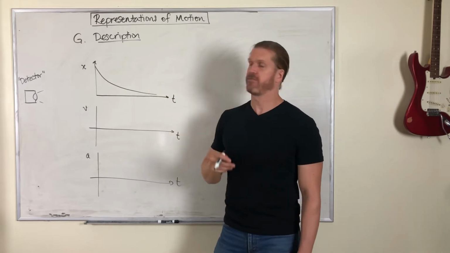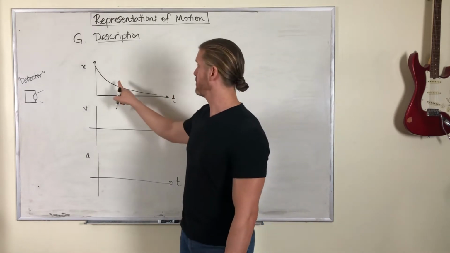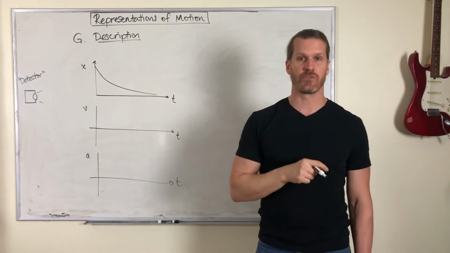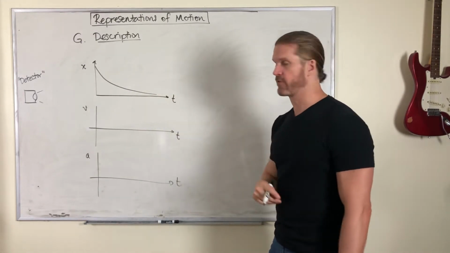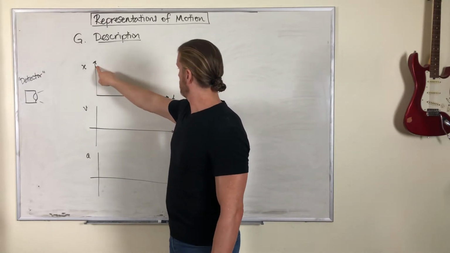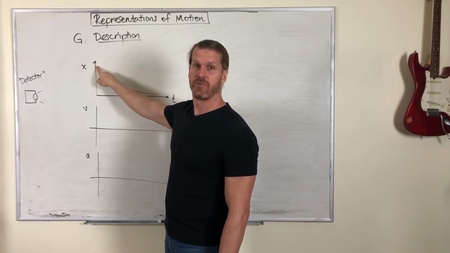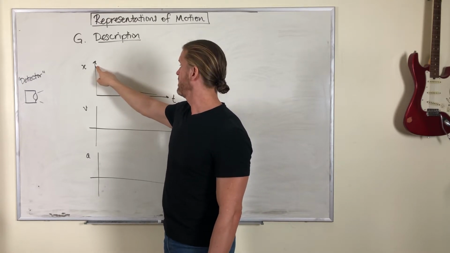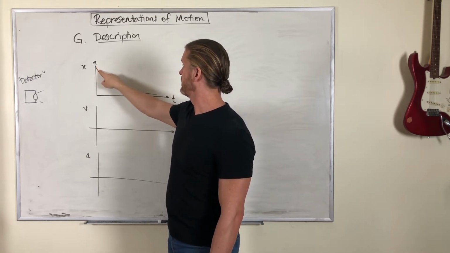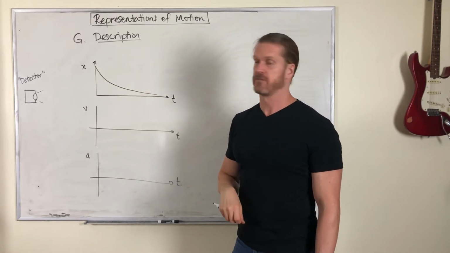So we left off at question G, and in question G, they provide you with just the position versus time graph. So let's see what's going on here. You start out at a faraway position and gradually get closer and closer to the detector.